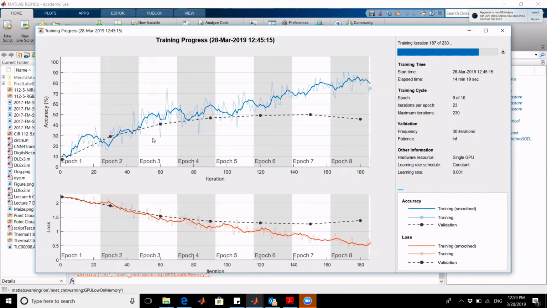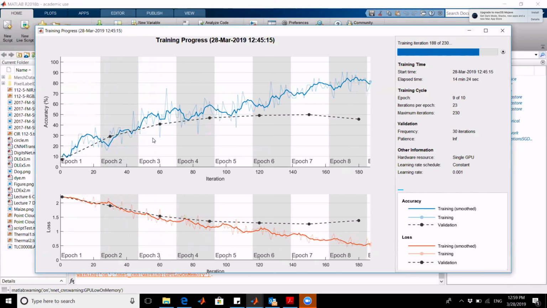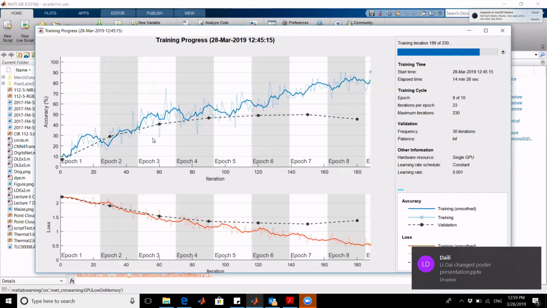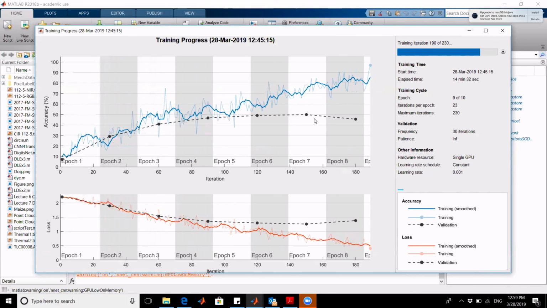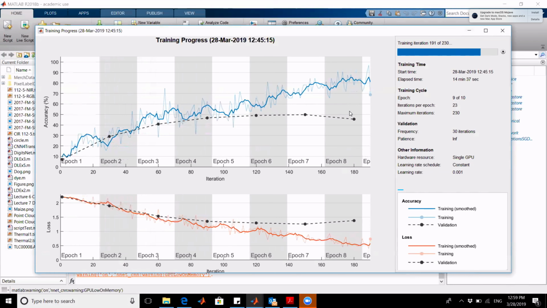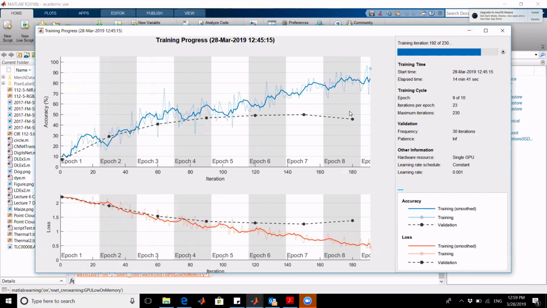And Python is even nicer than this because you will be able to see the immediate output right next to it. Okay, now you can see the problem. After some training, your validation actually goes down. So that's the reason why a lot of people say early stop. There's a strategy called early stop, and this is exactly why you need to stop here.